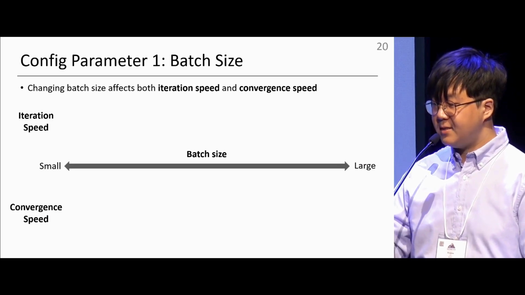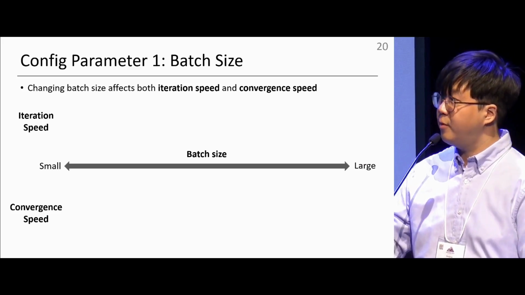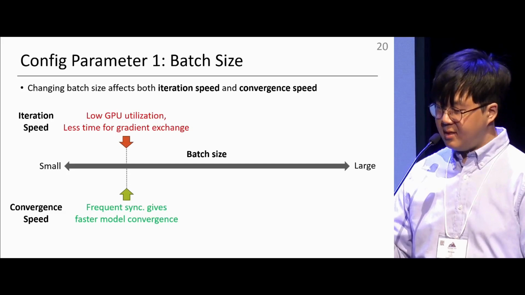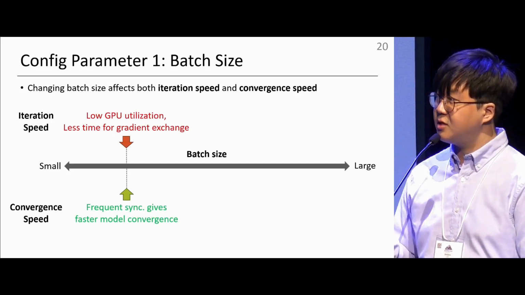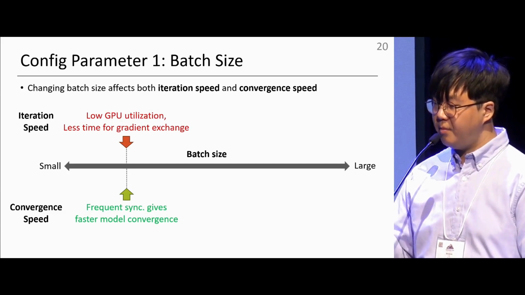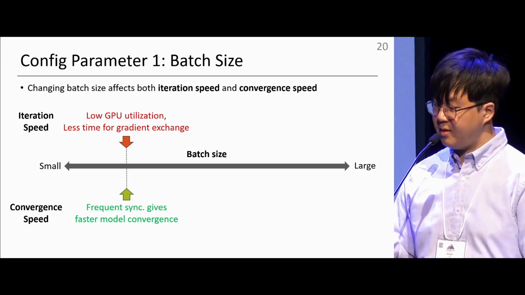First, when we adapt batch size to achieve optimal TTA, there's a trade-off because the batch size affects both iteration speed and convergence speed. When the batch size is small, we suffer from slow iteration speed since a small batch cannot saturate the GPU. Also, small batch size incurs frequent synchronization, which can cause a network bottleneck.